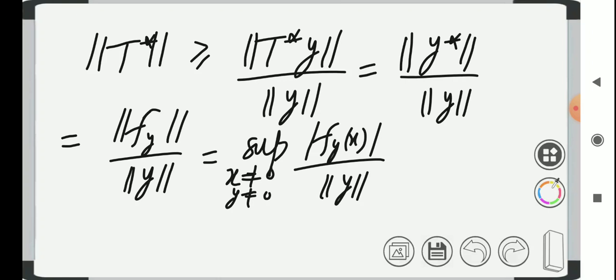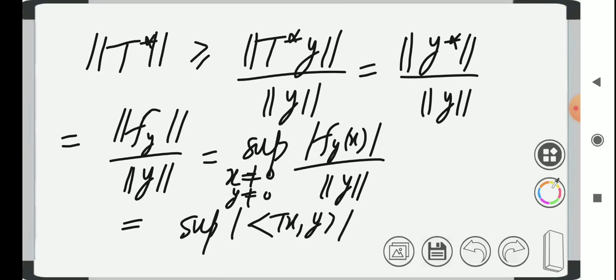Which by very definition is the same as the supremum of the modulus of the inner product of Tx with y over norm y, where y is non-zero and x is non-zero. Here if we fix y, if we take a particular value of y, this supremum must also be greater than that value.